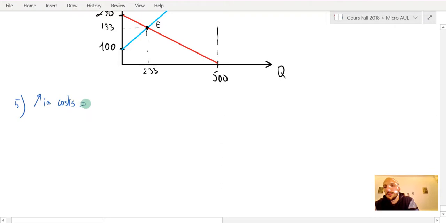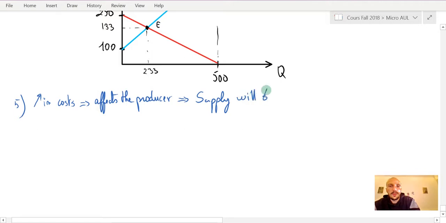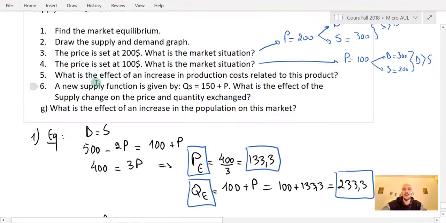An increase in costs will affect the producer, so it affects the supply curve. It will shift to the left. The supply curve will decrease.